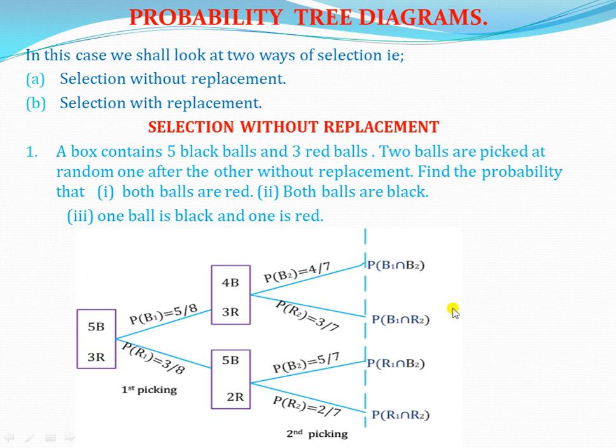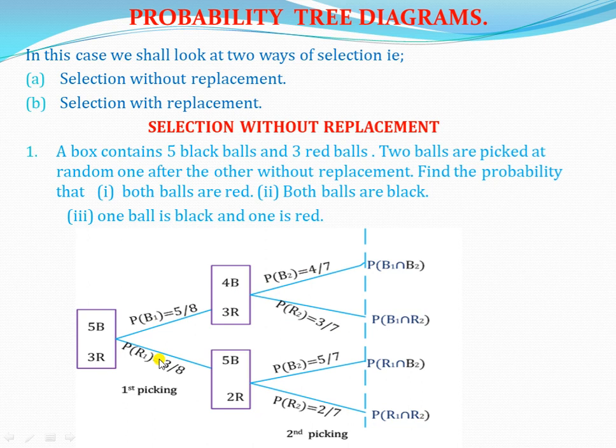Now, for simplicity, I tried summarizing this information for you, but how did I obtain it? When I pass through this arm here, I will have B1. Continue to this, B2. So it means I'll have probability of B1 intersection B2. When I pass through the same arm, then come and branch into this, I will have B1 and R2. That is how I obtain this.